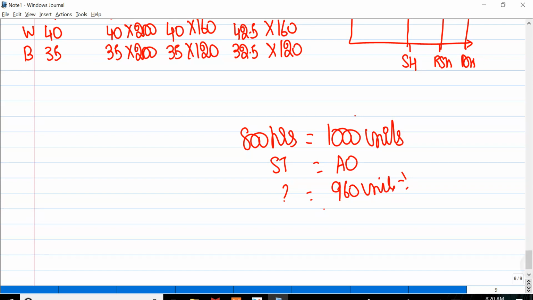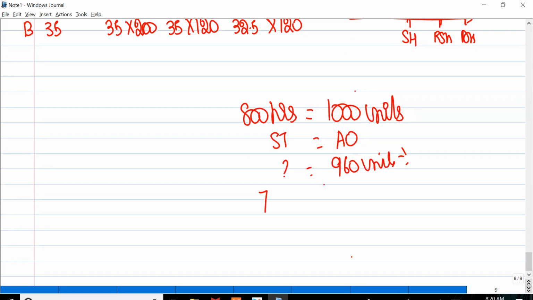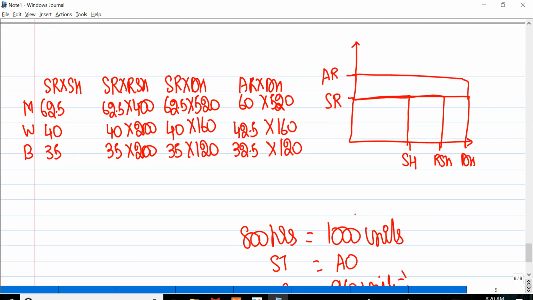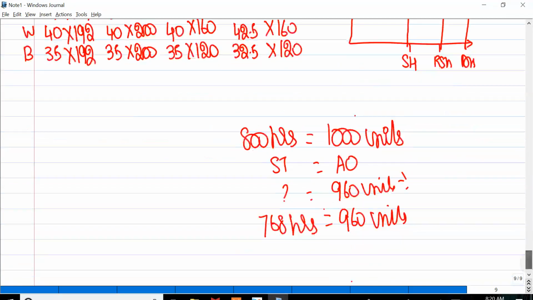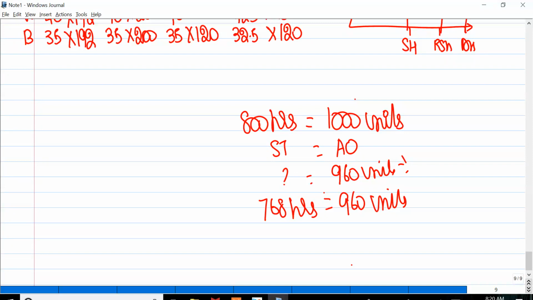You will get 768 hours, which is again split in the ratio of 2:1:1, which will be 384, 192 and 192.